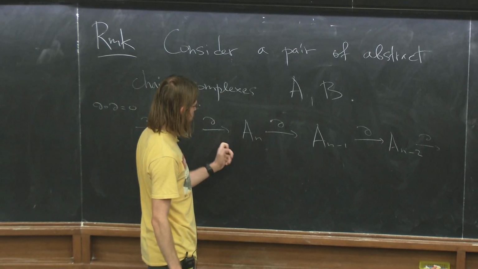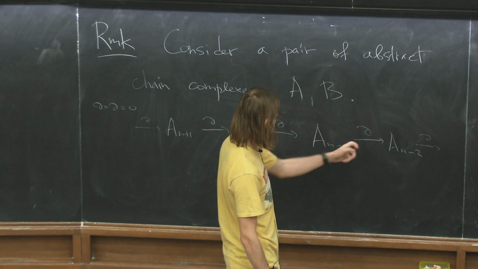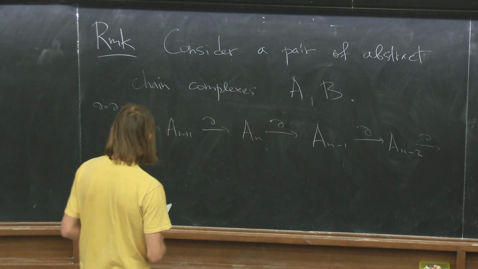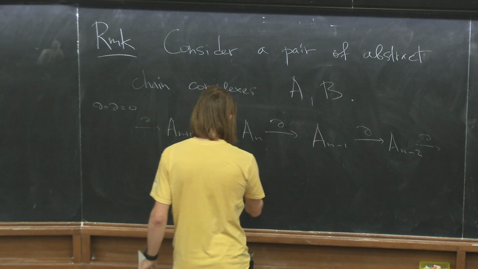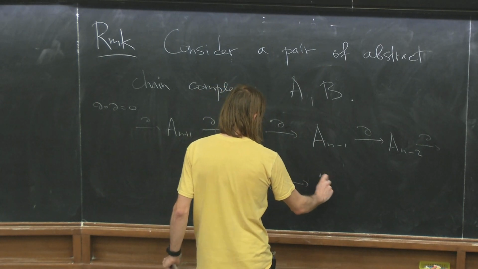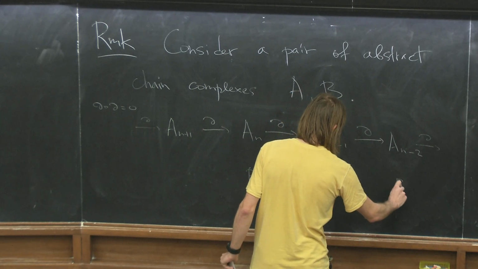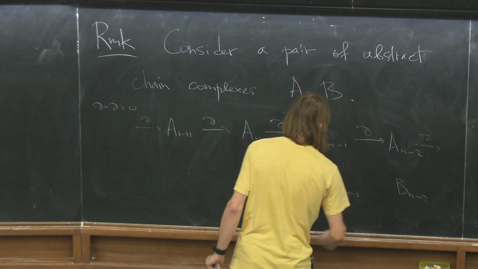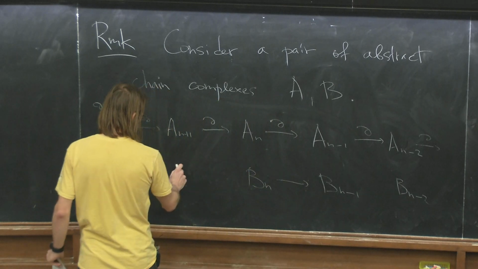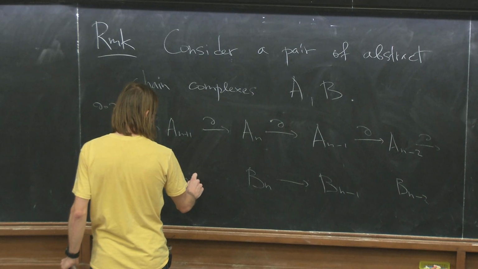So any composition of two subsequent maps D is trivial. And similarly, we have this for B_n, and we can write this sequence exactly below the sequence of A_n groups.